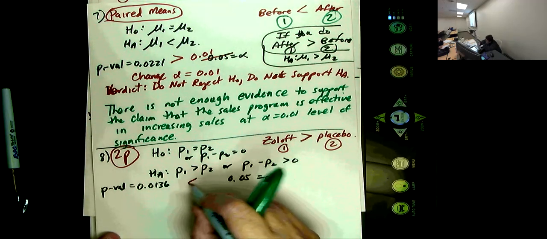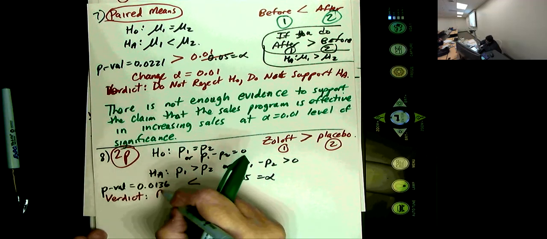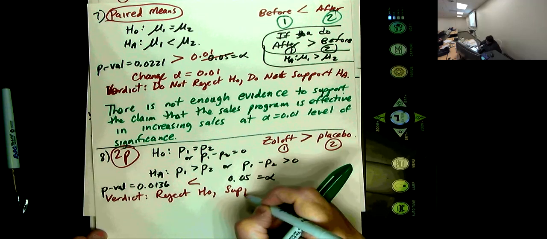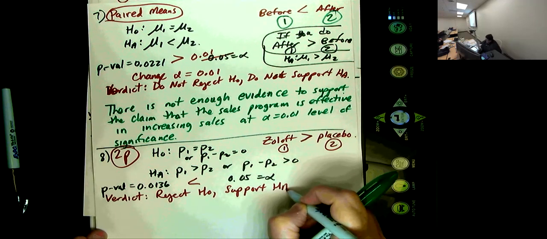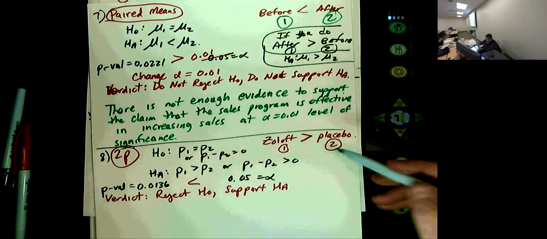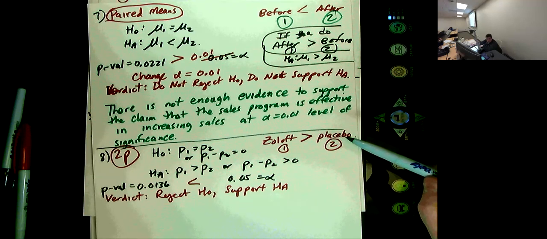P-value is less than alpha, so my verdict is reject H naught, support HA. HA is that Zoloft takers experience dry mouth more, basically.